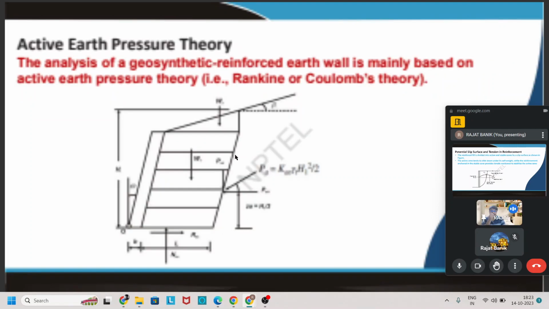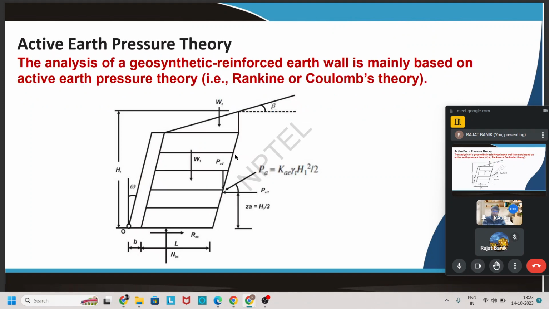One schematic diagram also shows the load distribution, and here we also show the different types of force acting on this mechanically stabilized earth wall. This system is designed for the active earth pressure, which is given by the Rankine and Coulomb theory.